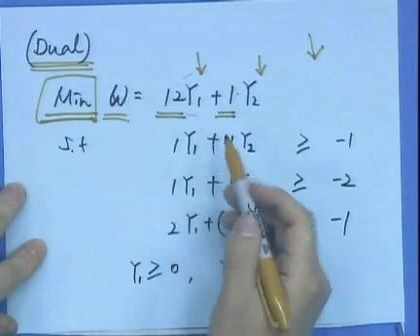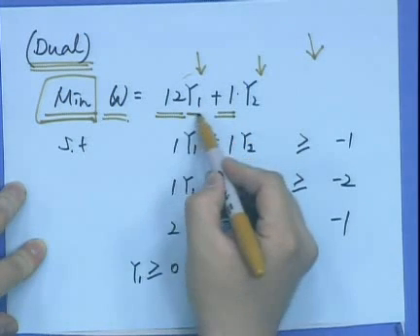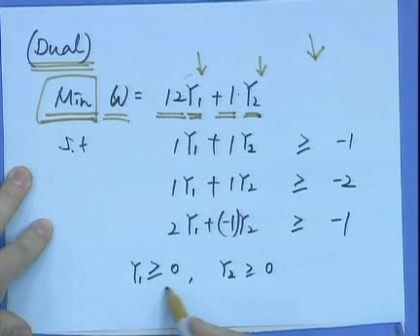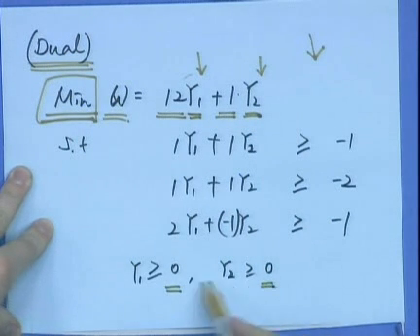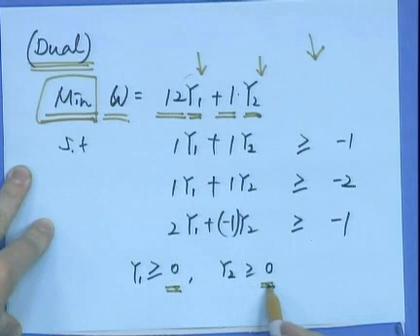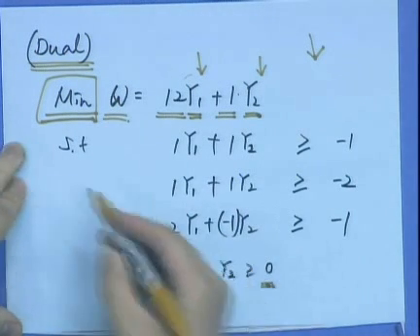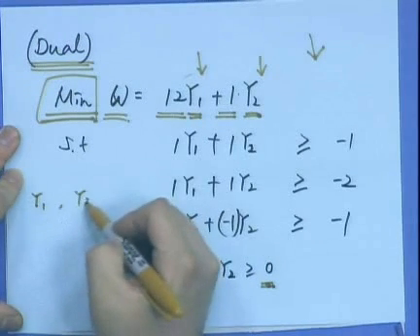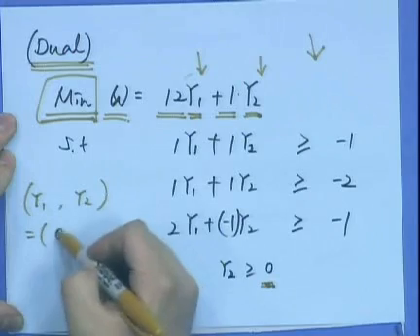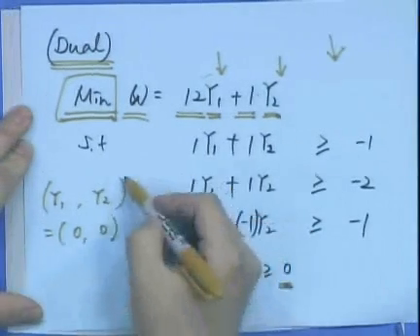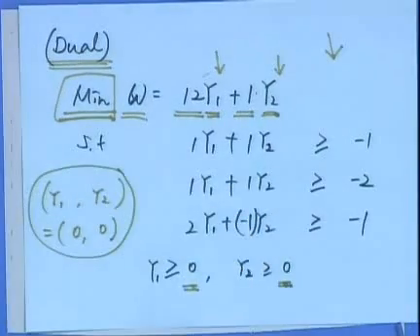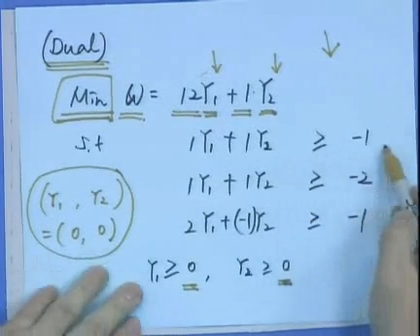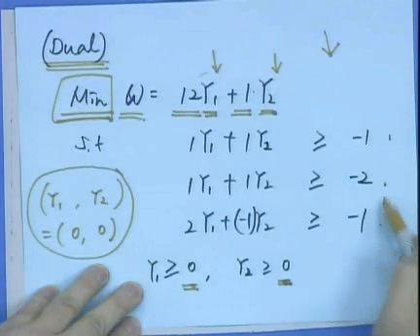And the lower bound of the y1 and y2 variables is 0, right? From the sign restriction. And the value zero, zero, the origin, does satisfy all three constraints, right?